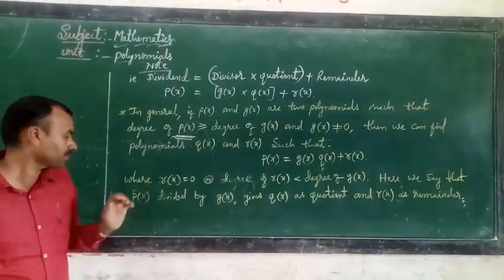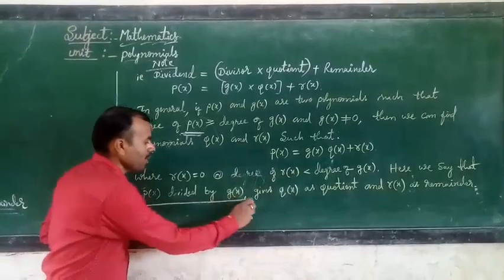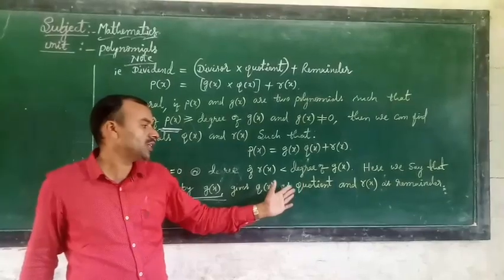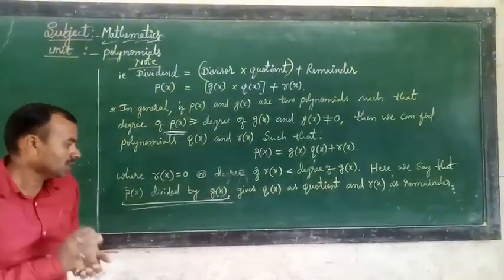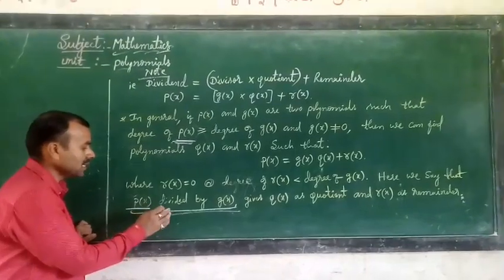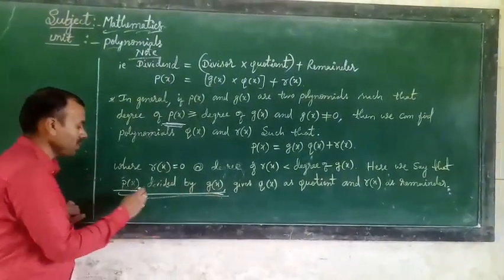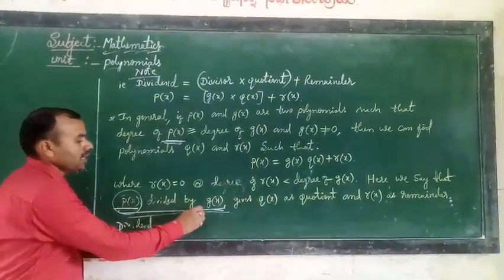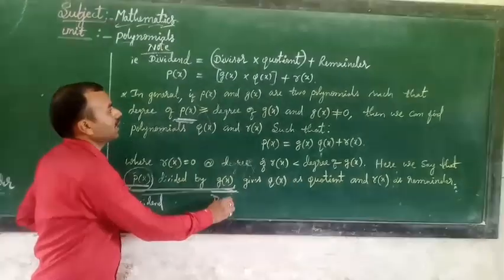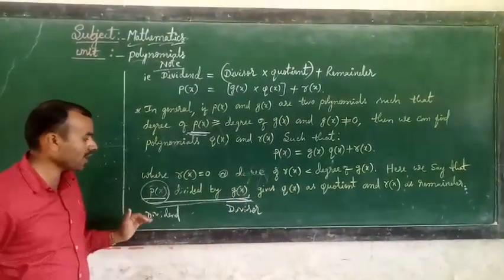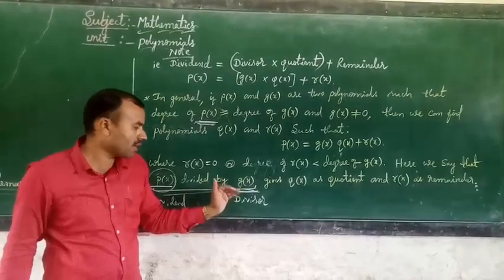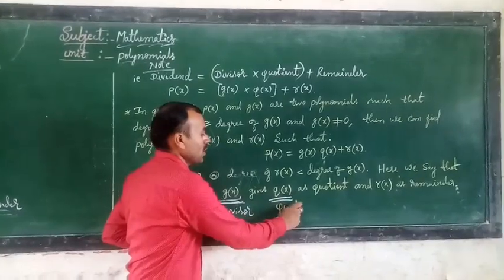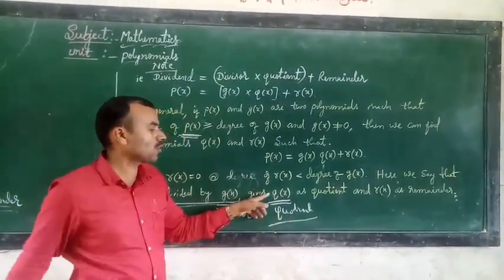Here we say that p of x divided by g of x gives q of x as quotient and r of x as remainder. You remember, p of x is the dividend and g of x is the divisor. When the dividend is divided by the divisor, we get the quotient, we call it q of x.